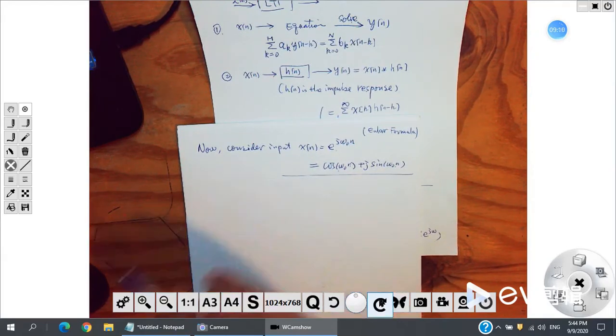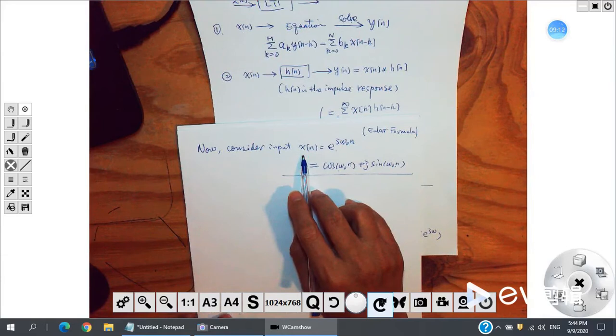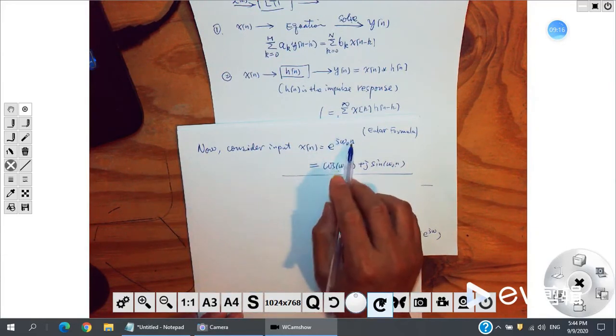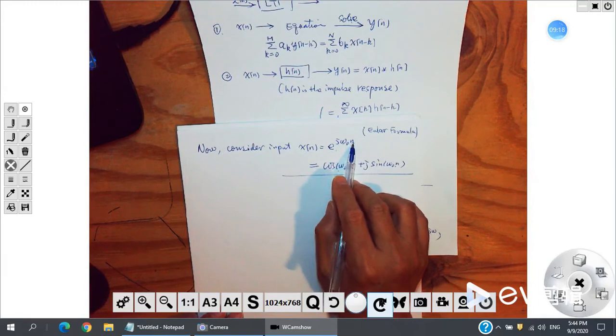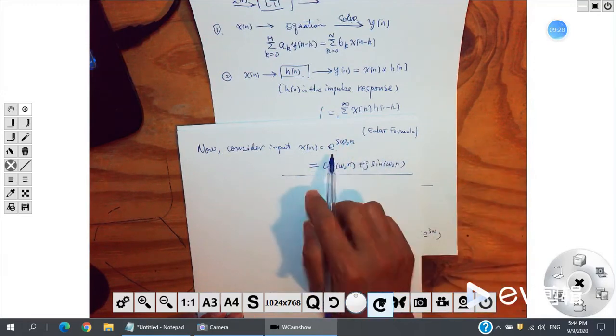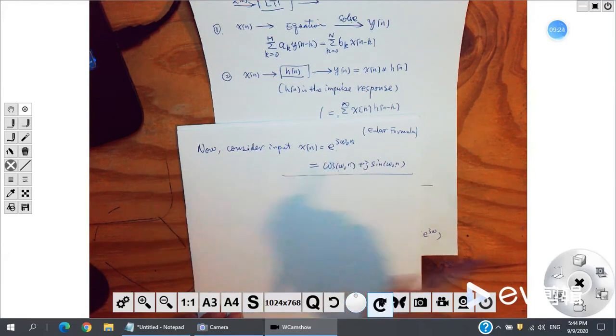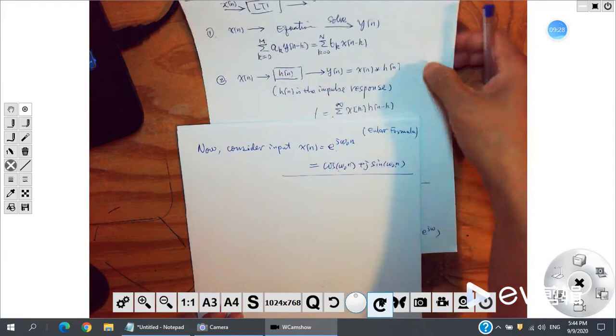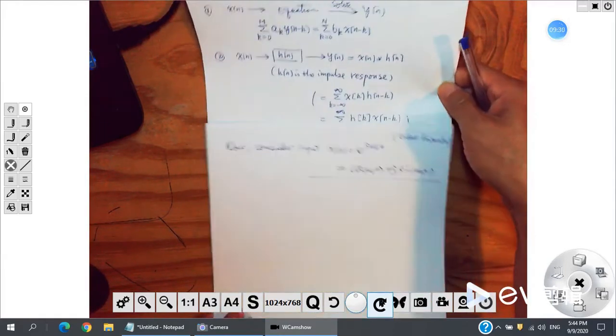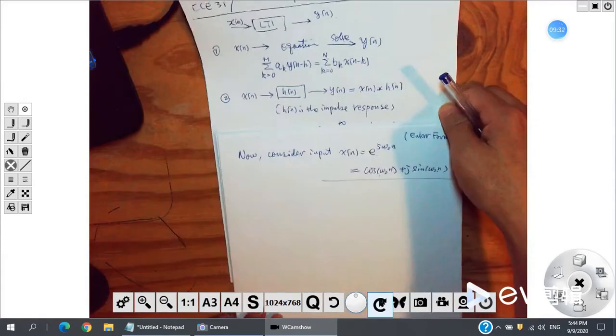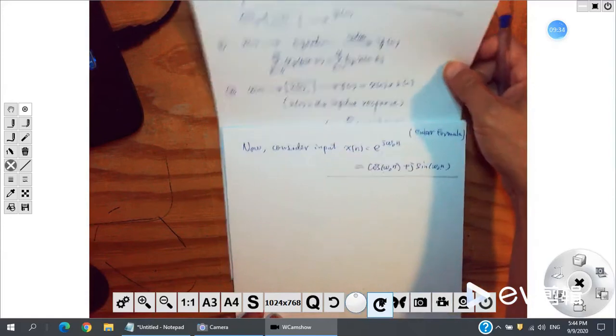Here I don't do that, but I just tell you. So we prefer not to use the Fourier transform. We just use the convolution to calculate.